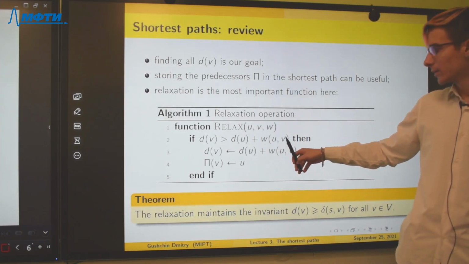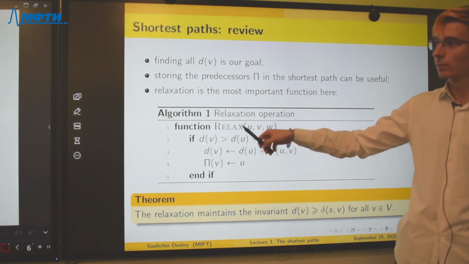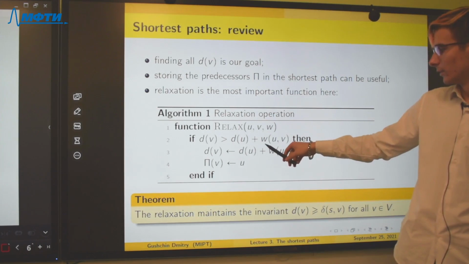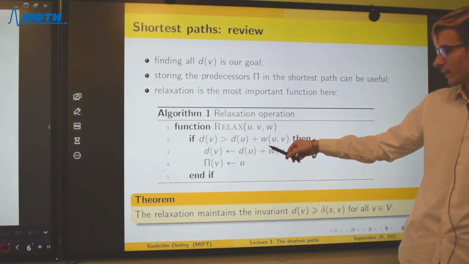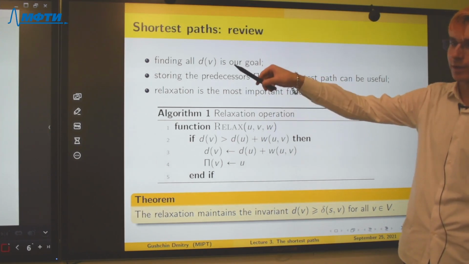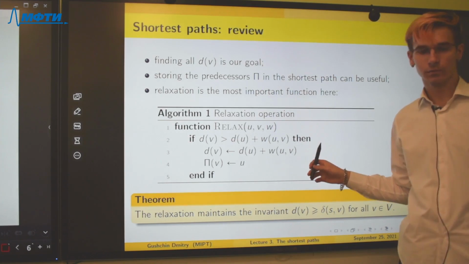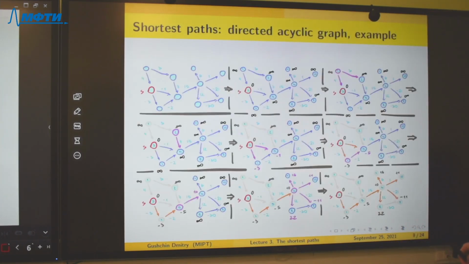Here we use the new weights with overline. We put here the weight minus the potential function from U plus the potential function from V. Understandable? Nice.